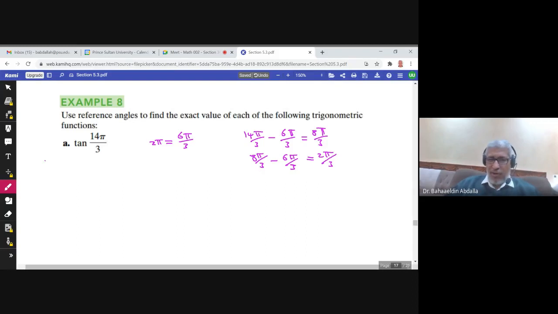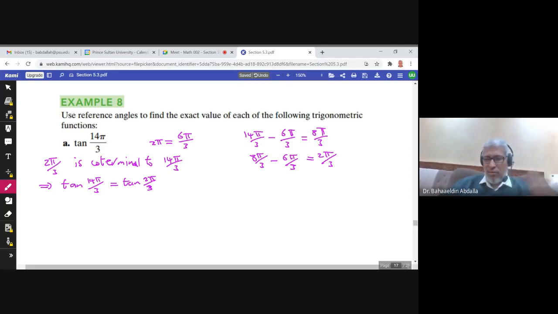So 2 pi over 3 is coterminal to the angle 14 pi over 3. So tan 14 pi over 3 is equal to tan 2 pi over 3. If the angles are coterminal, then their trigonometric functions are the same, without plus or minus here.